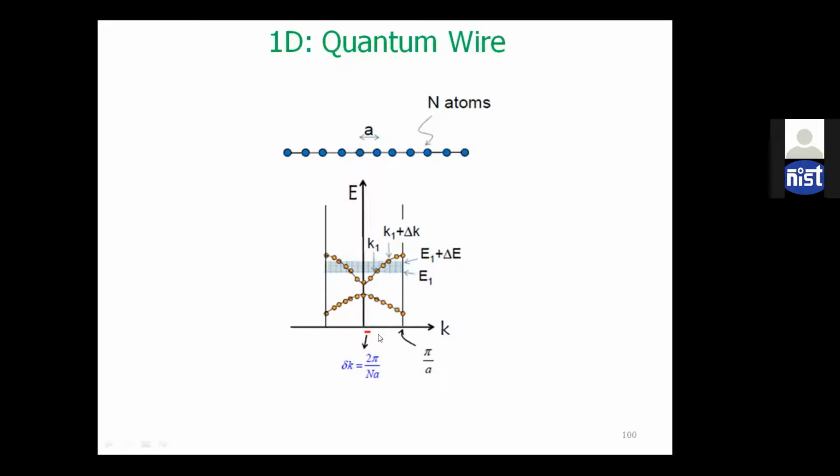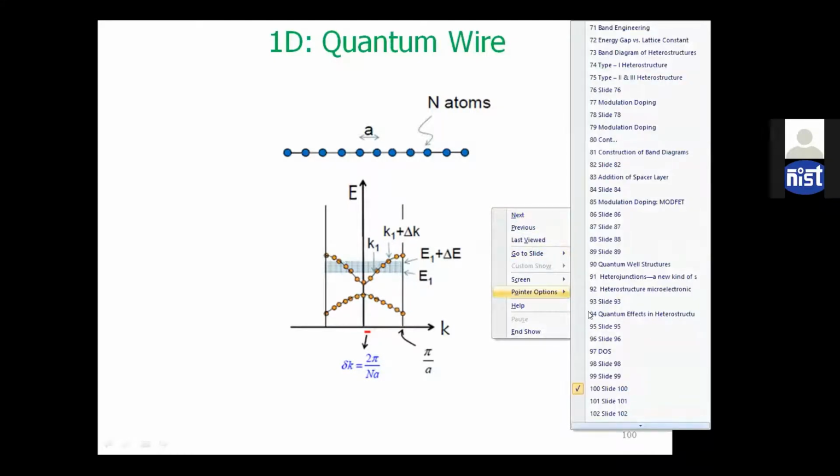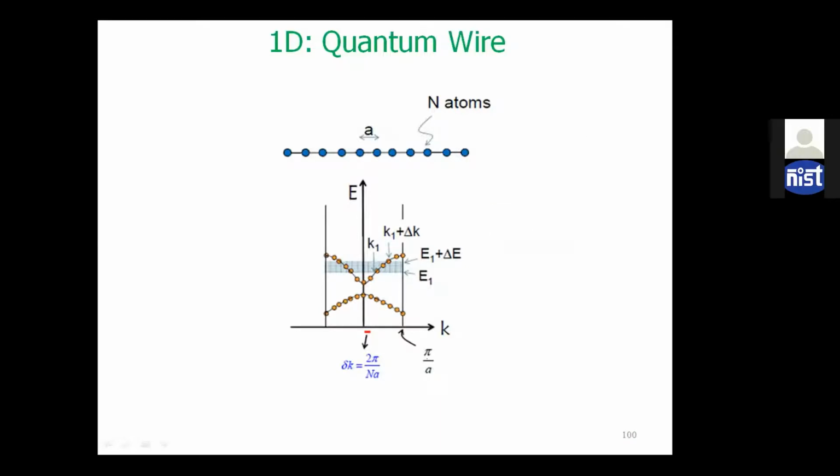If you go for the first Brillouin zone, then k ranges from minus pi by a to pi by a. So what is the maximum value? The maximum value is pi by a. Here a is the lattice constant, let it be 5 angstrom.